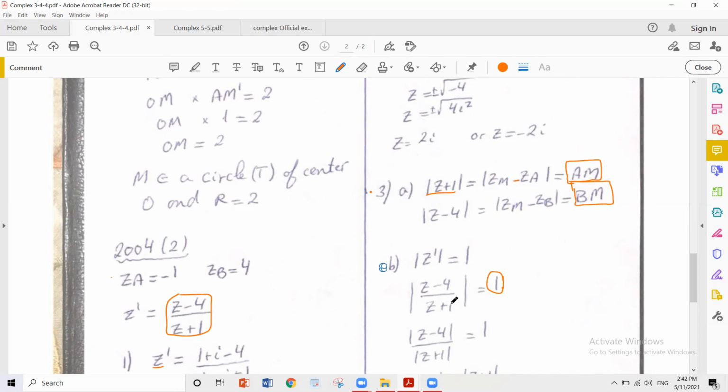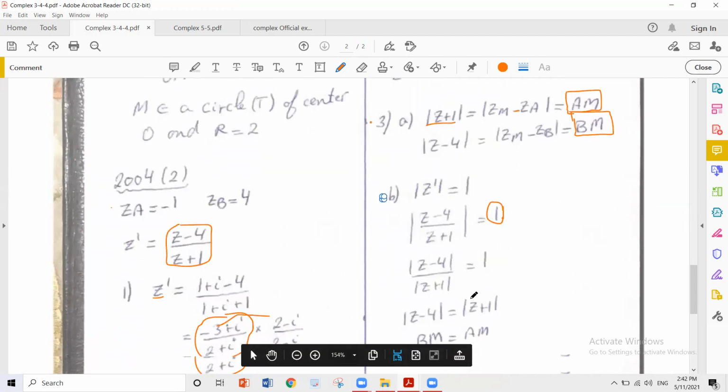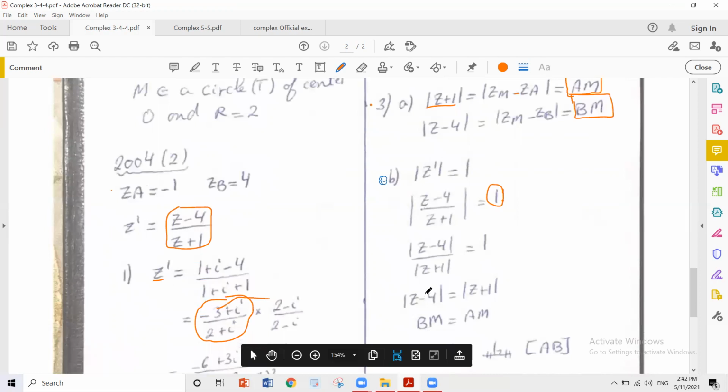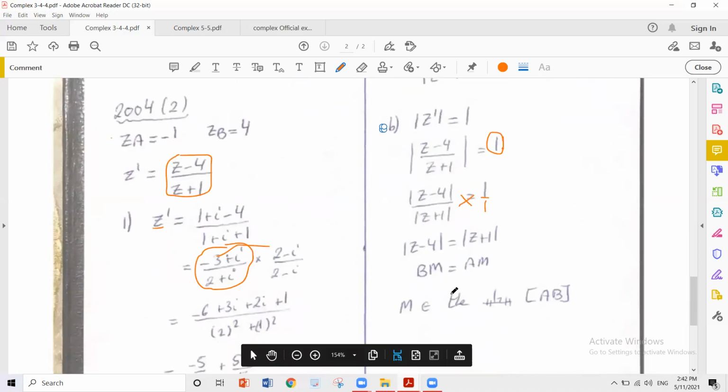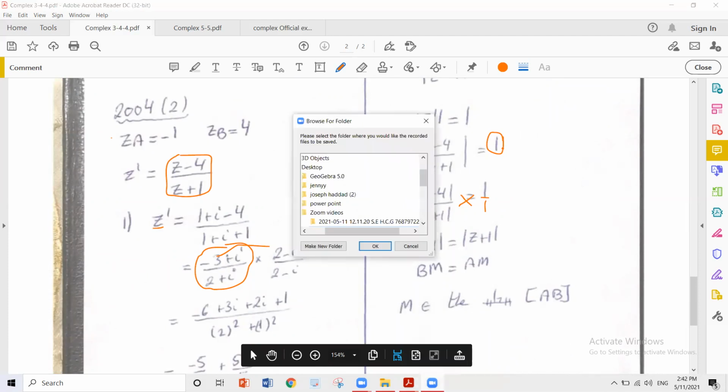It means that modulus of z minus 4 over modulus of z plus 1 equals 1. Cross multiplying, modulus of z minus 4 equals modulus of z plus 1, meaning BM equals AM. M belongs to the perpendicular bisector of AB.